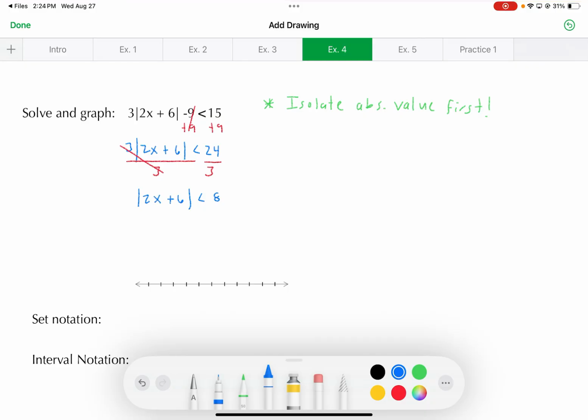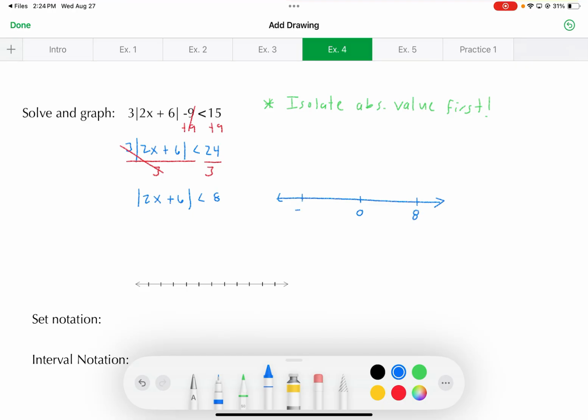Now the absolute value is isolated, and I'm going to use some conceptual understanding about absolute value. I want all numbers for 2x plus 6 whose distance is fewer than 8 units from 0. So let's visualize this again on the number line. Here's 0.